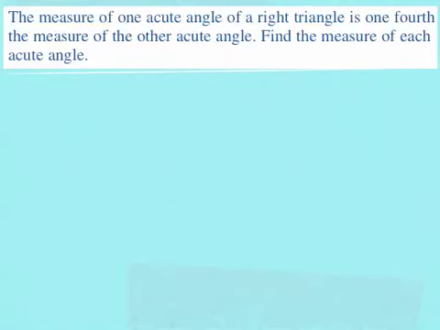If I say that the other acute angle measures x, I know that the next acute angle would measure 1/4 x. So I can say that x plus 1/4 x equals 90 degrees.